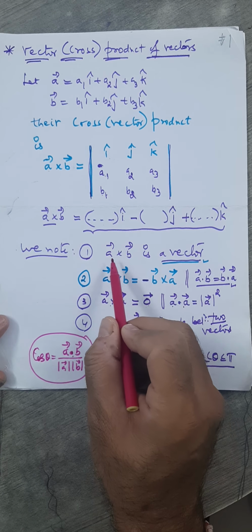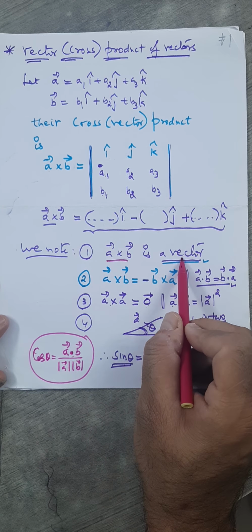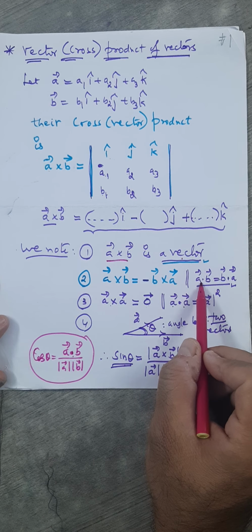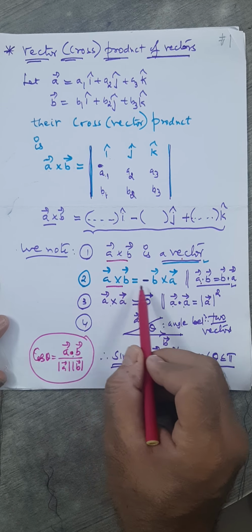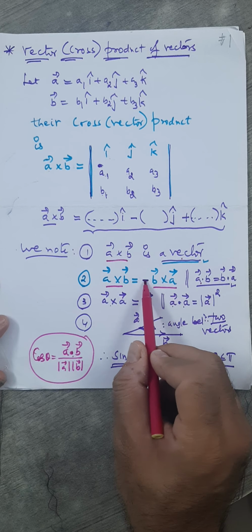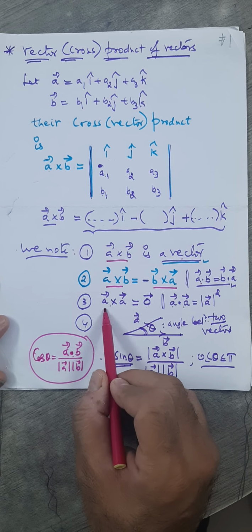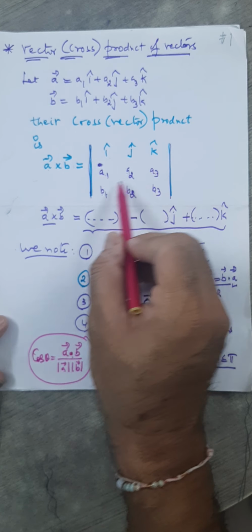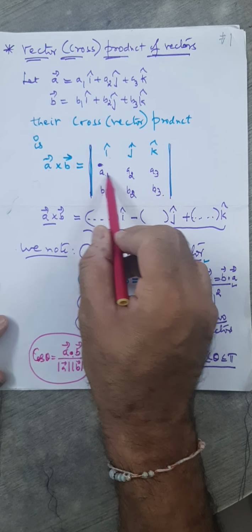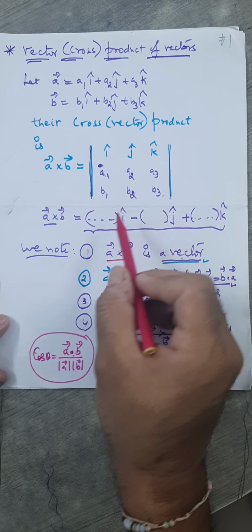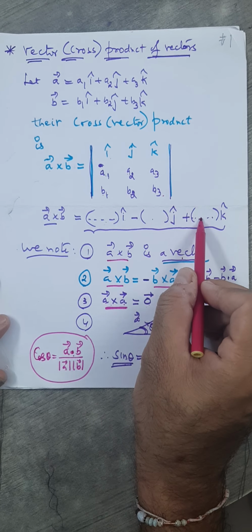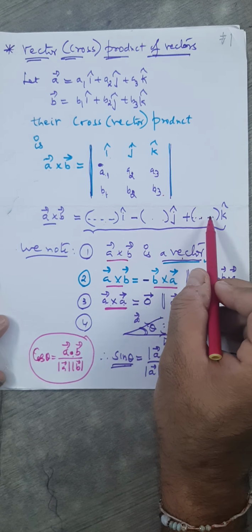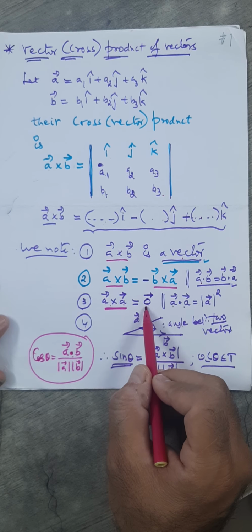So let's recap these four things. Cross product is a vector. Dot product is a scalar. Cross product, if you change the order, you have a minus sign in front of it. Cross product of a vector with itself gives us 0. Why? Because these two rows will be identical. And if two rows are identical in the determinant, you know the value will be 0, 0, 0. So 0 I cap, 0 j cap, 0 k cap, which is a null vector.